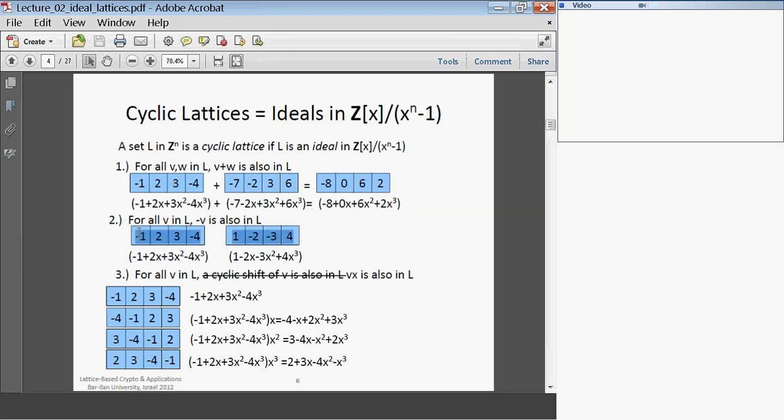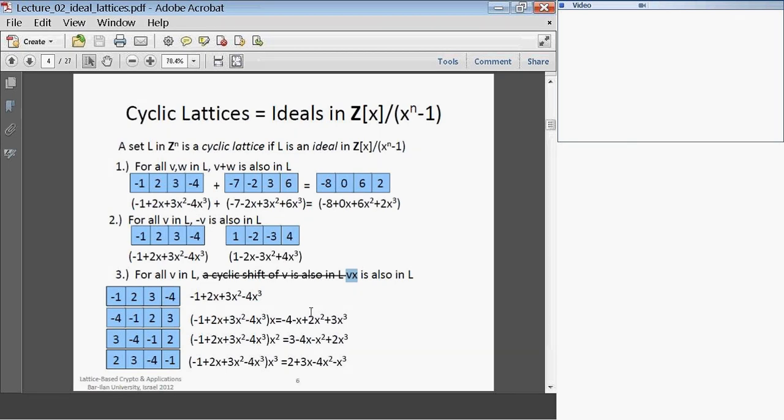The operation of negation again means simply multiplying the polynomial that we have by -1, and it will immediately give us the result. And the same way, we can define the operation of a cyclic shift, which in this case would mean multiplying the polynomial v by just a linear, simplified polynomial, just a linear term.